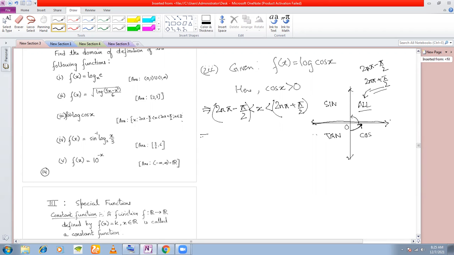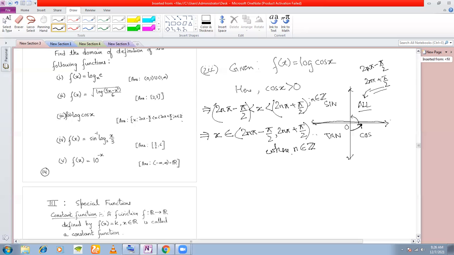So that means x belongs to which interval? 2n pi, and you can write here n belongs to Z, any integer, 2n pi minus pi by 2, 2n pi plus pi by 2, where n belongs to any integral value.